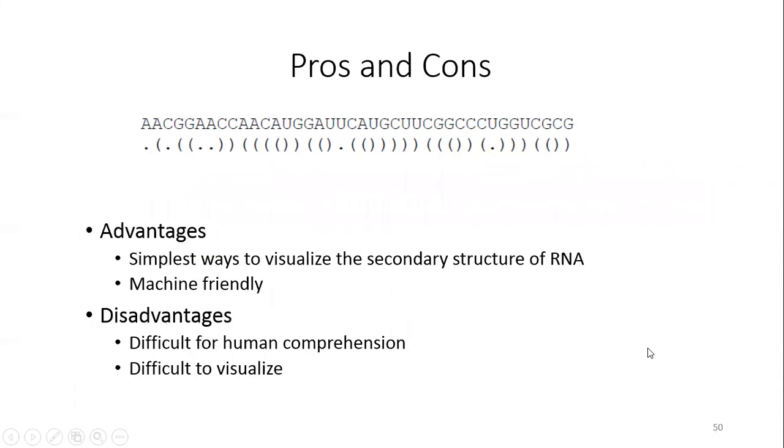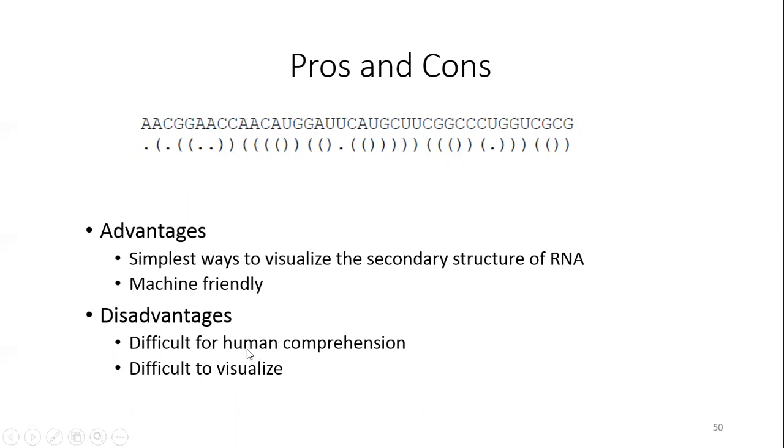Okay, so what are the pros and cons? The advantage is that it is the simplest way to visualize the secondary structure of RNA. The second advantage is that it is machine friendly. What is its disadvantage? It is very difficult for human comprehension. It is machine friendly, but not necessarily human friendly.